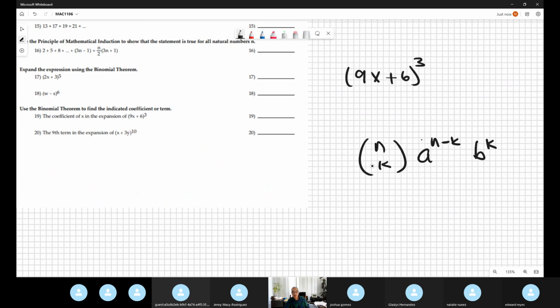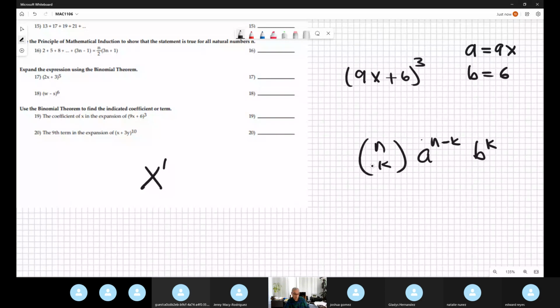Entonces now a in our problem obviously is 9x and b in our problem is 6. However, they want one term in the middle of this function que x is to the exponent 1. So we have only one x, no square, no cubic, no, only one, exponent 1. Entonces I assume que es x to the 1 y a es 9x.